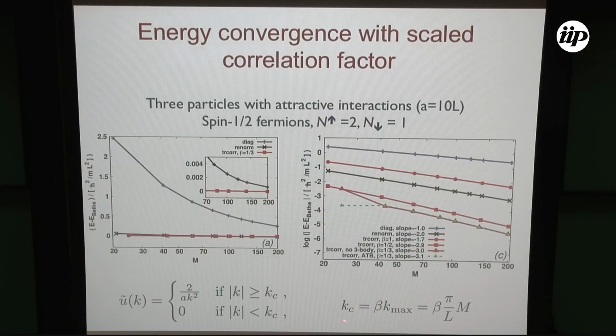So what we do is we scale the cutoff of the Jastrow factor with the maximum momentum in our basis. If we do that with a factor that is 1/3 or smaller, we see that even by ignoring these three-body terms, we can recover the scaling of m to the -3.